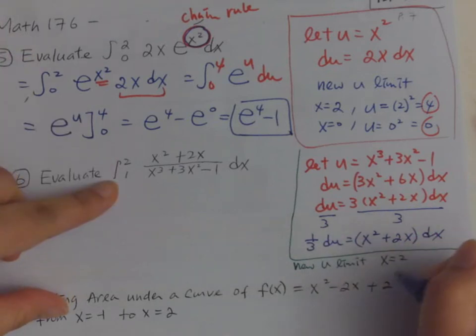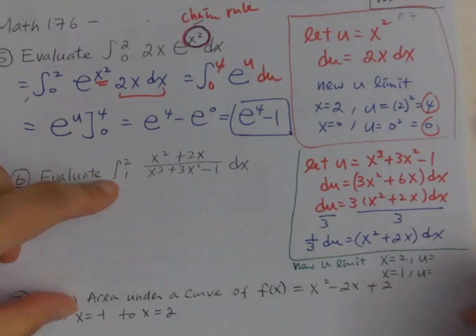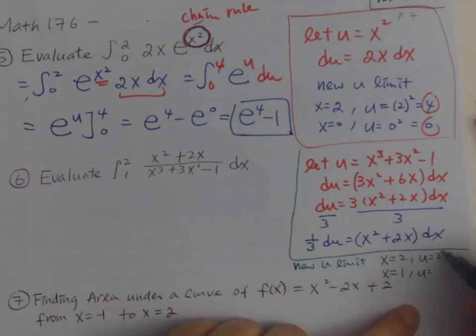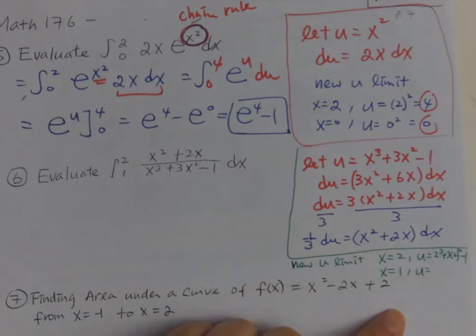x equal to 2 and x equal to 1, then u, oh, that's the long one, it's going to be 2 cubed plus 3 times 2 squared minus 1. So I don't have a lot of space, I apologize.